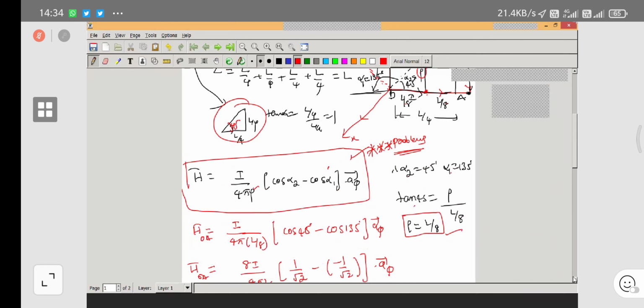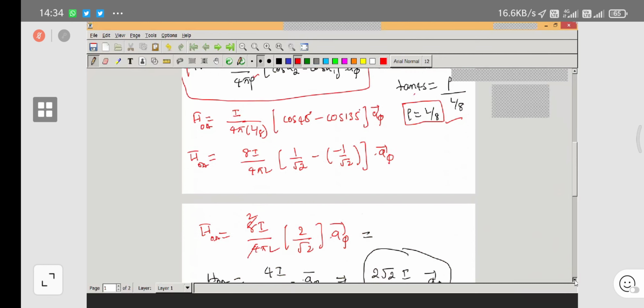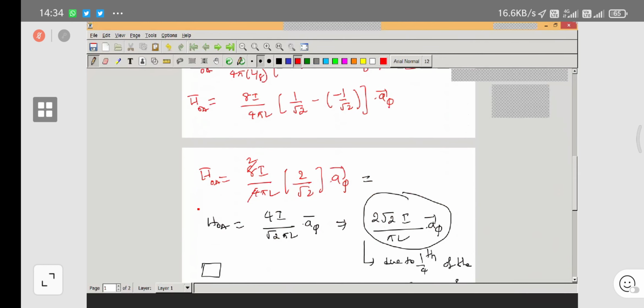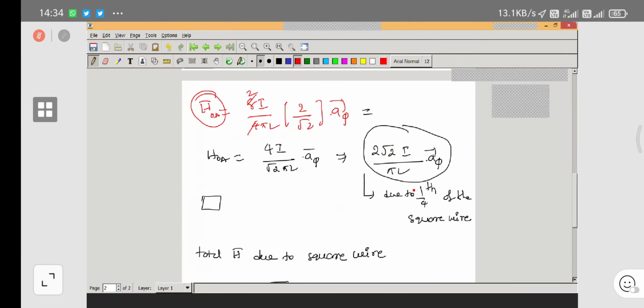Just in simplification, H equals I by 4 pi rho, and I can put in the angles of 45 degrees and 135 degrees. You can get the answer. This is H only for one side, due to one fourth of the square, nothing but a simple multiplication. This is one fourth of the square current carrying wire.